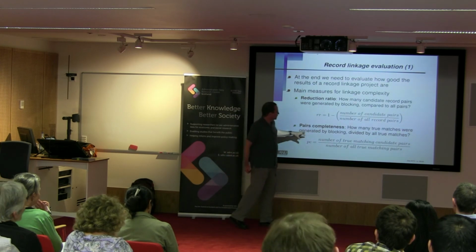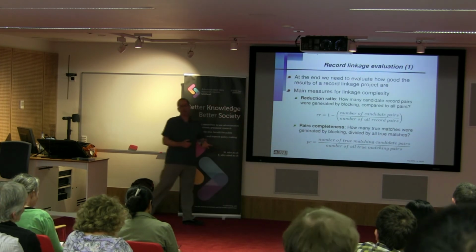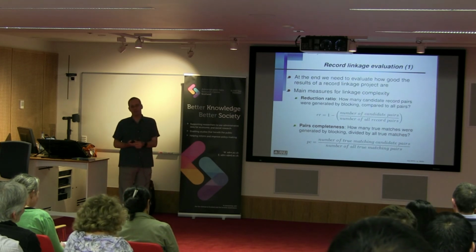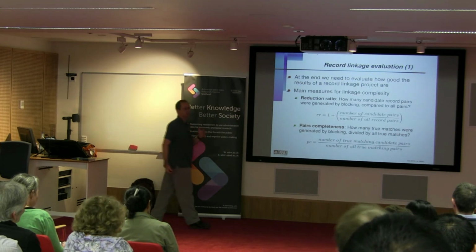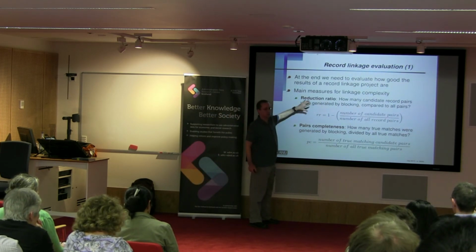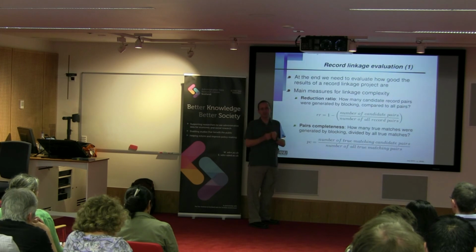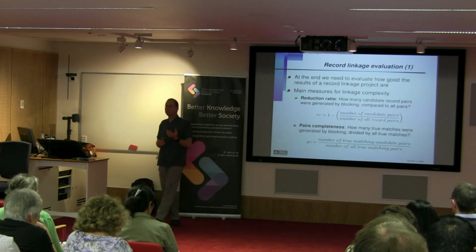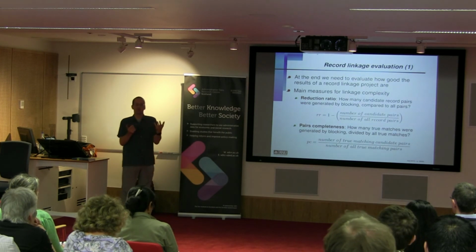Then the second major thing which we can measure is how many of the true matches are actually in the candidate pairs. So that tells us something about how good is our blocking. So our reduction ratio doesn't need anything to know about the true match status, but pairs completeness, and then the linkage quality measures, they need to know about the true match status. So they need to know the truth.